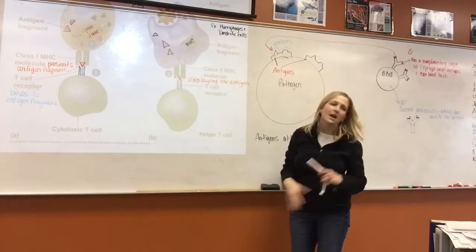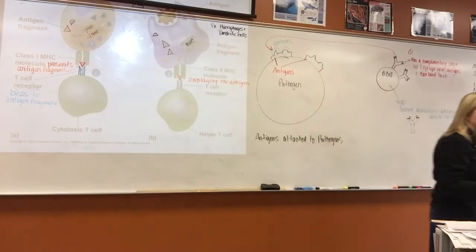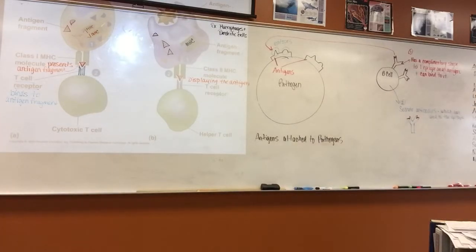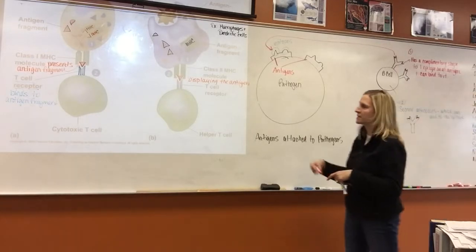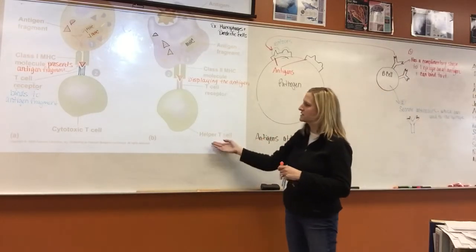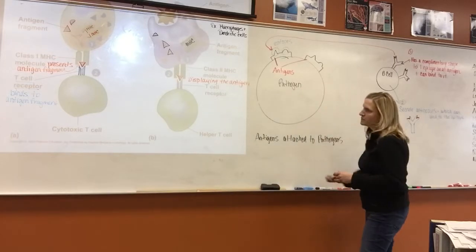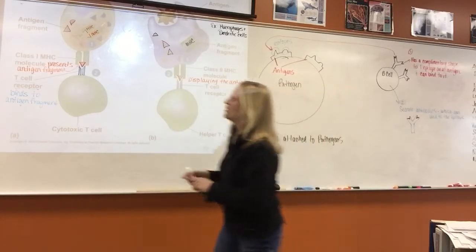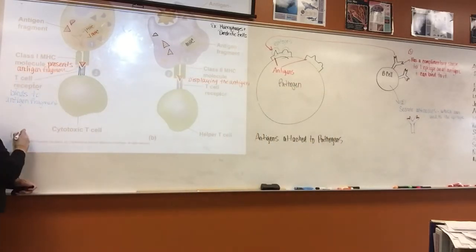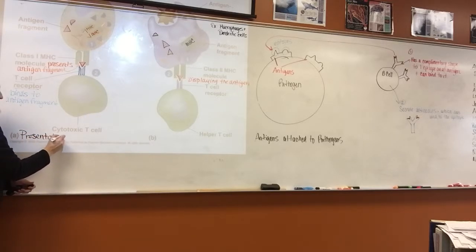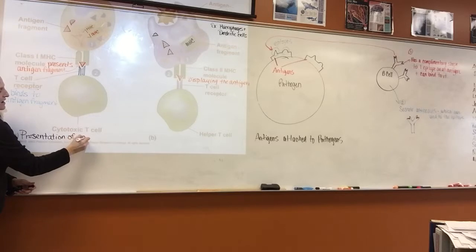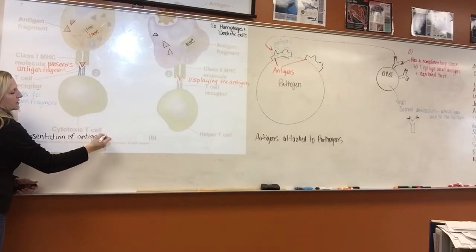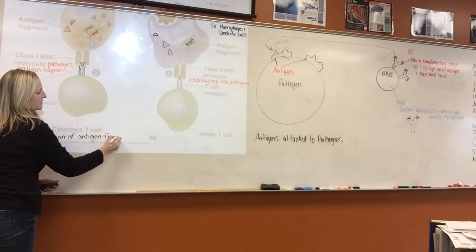When the helper T cells are activated, they help other cells of the immune system with the attack against this pathogen. So they help other cells. Then to describe part A and part B, we could say, in this part here, the presentation of the antigen fragment by what kind of cell in A?